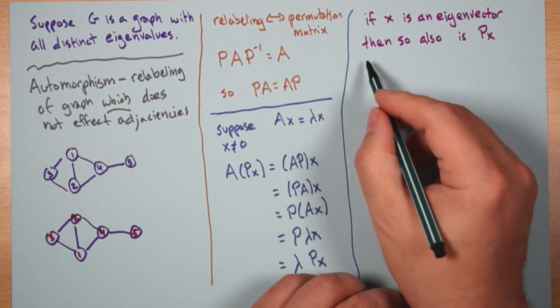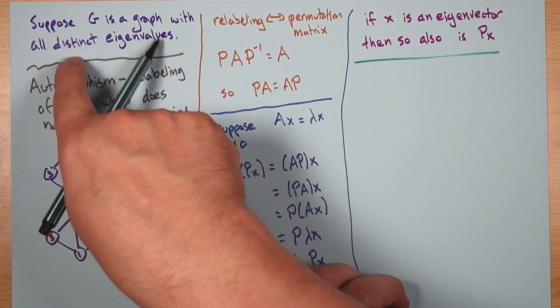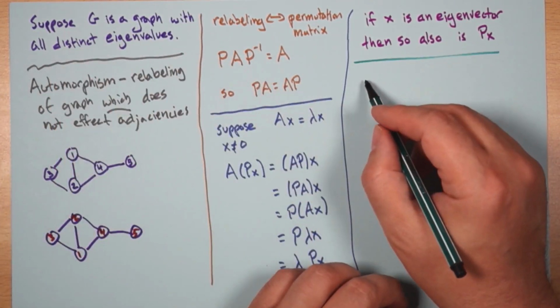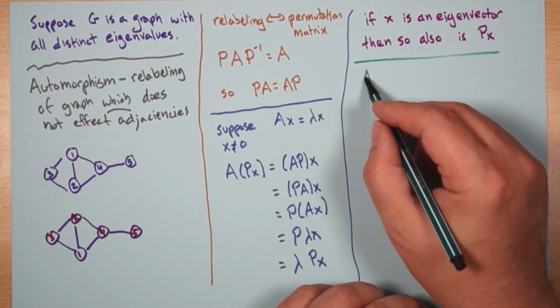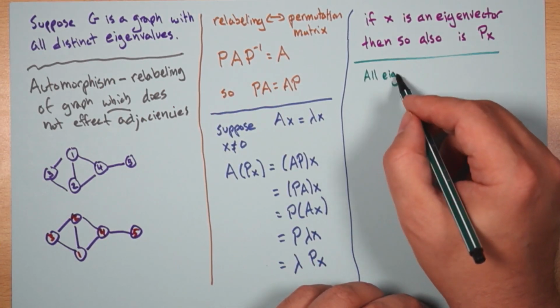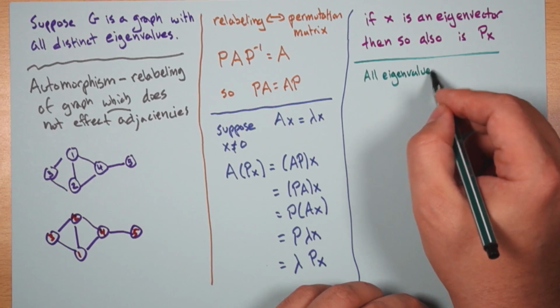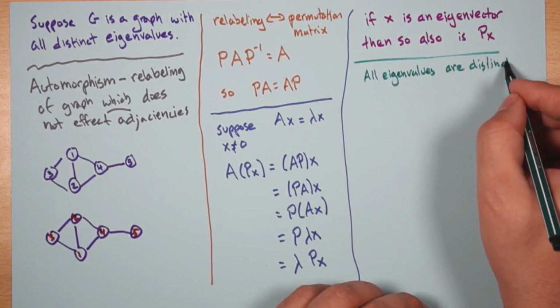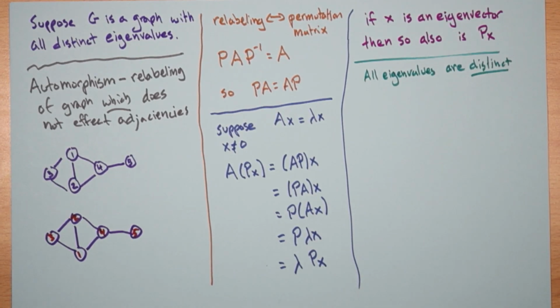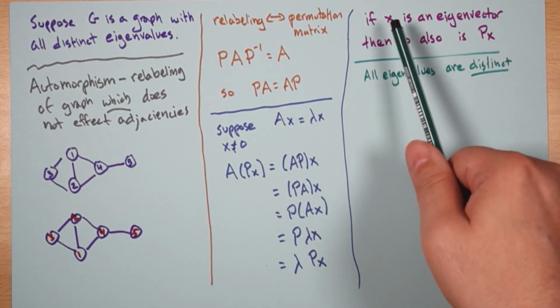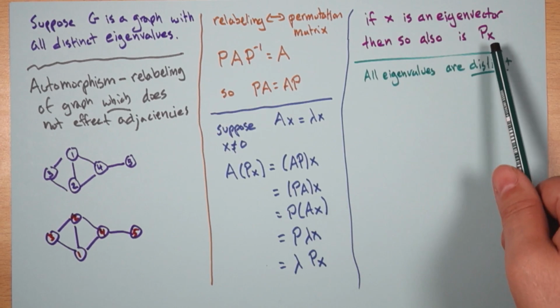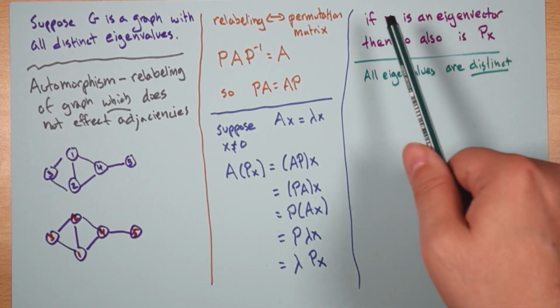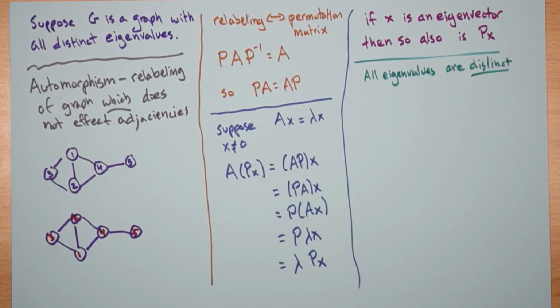All right, so let's go back to here. So let's now say all eigenvalues are distinct, and what must be true? Well, in that case, if x is an eigenvector and Px is an eigenvector, what's the relationship between x and Px?